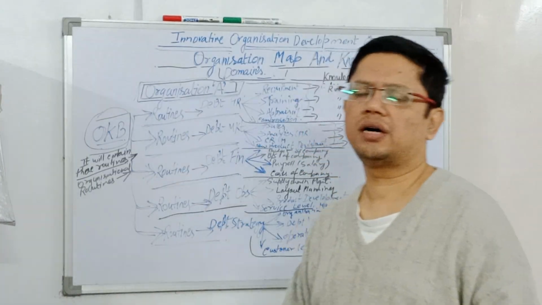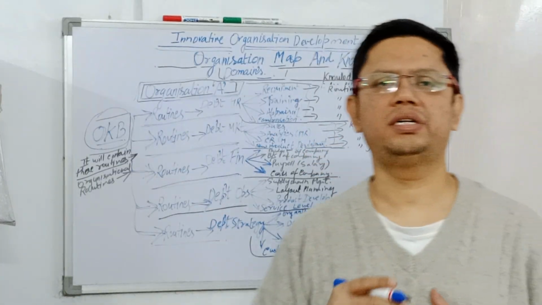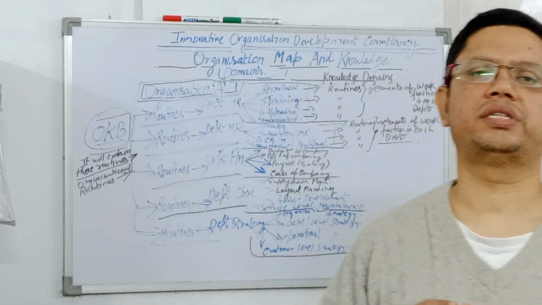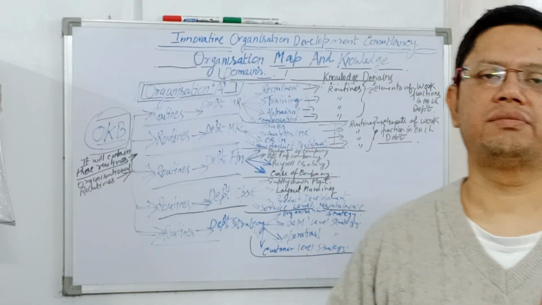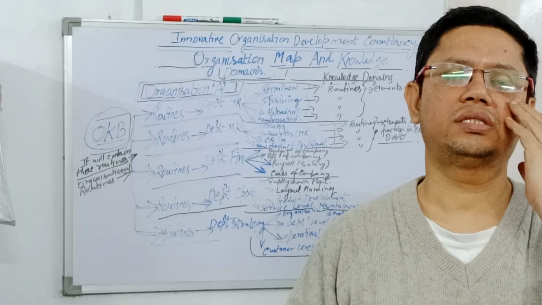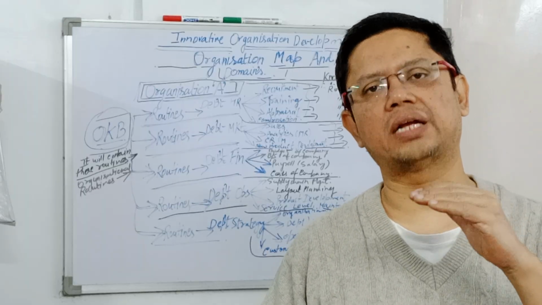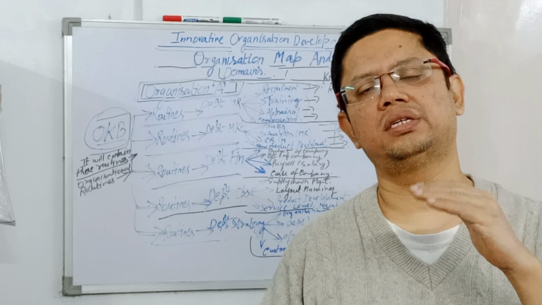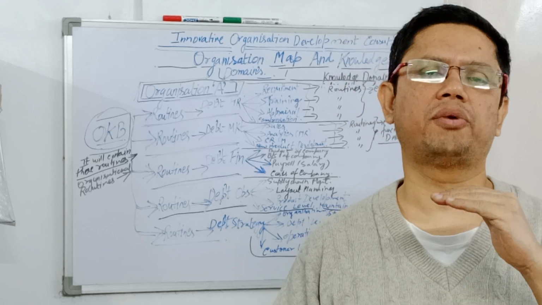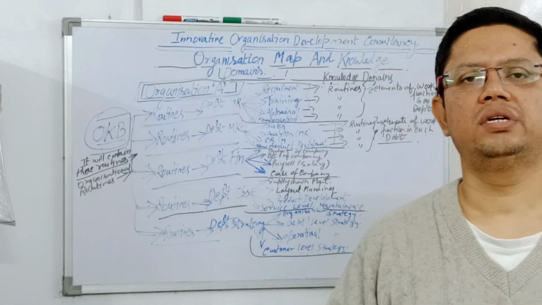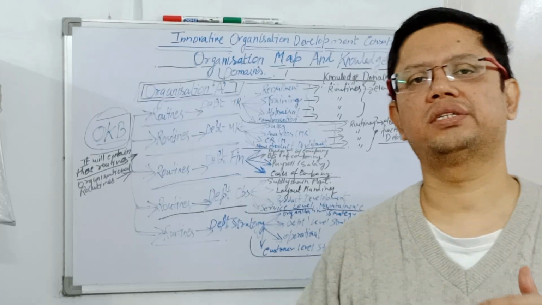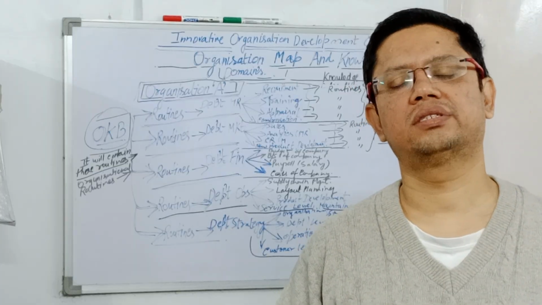Routines are basically a type of DNA, a type of cells of the organization. These cells are made up of three things, like a sandwich. The upper layer is the rules, policies, and frameworks which assist the organization in its daily activities.